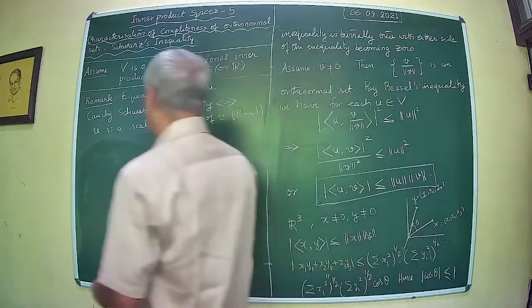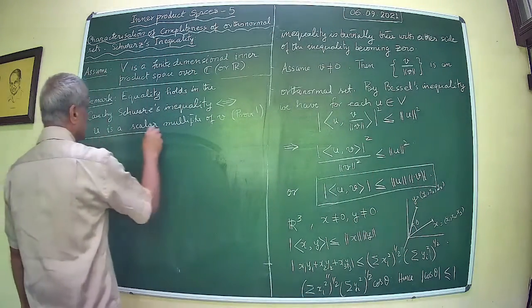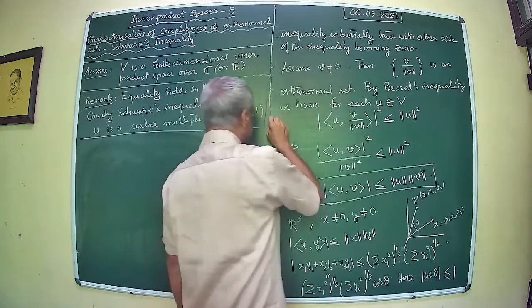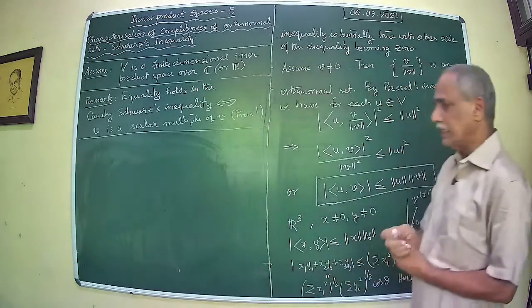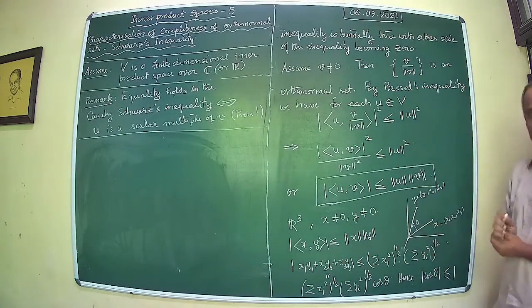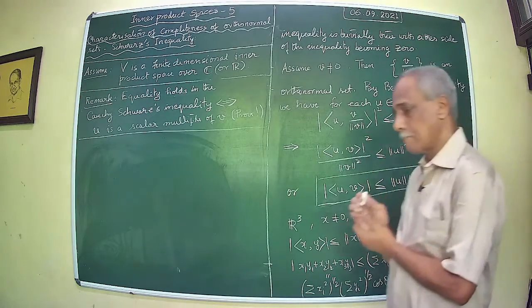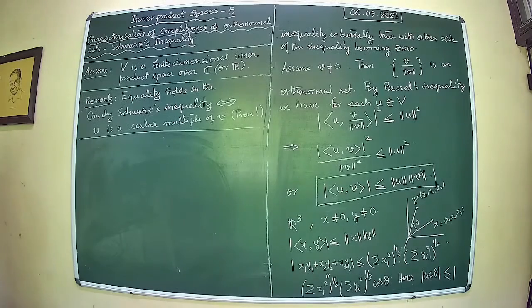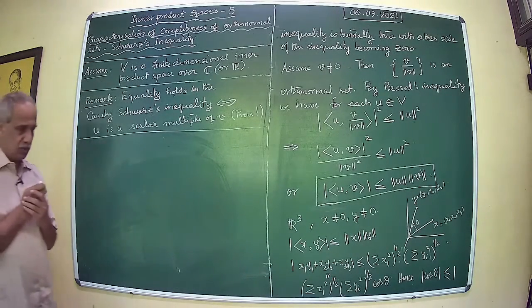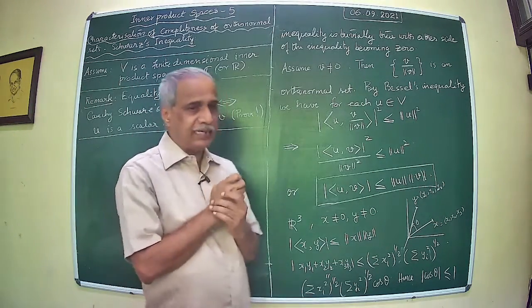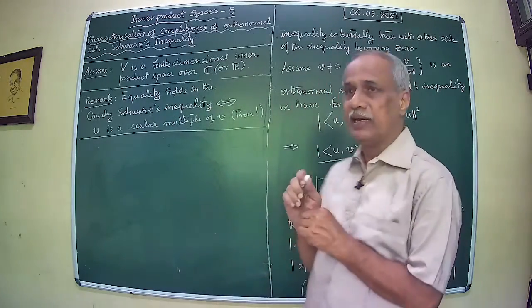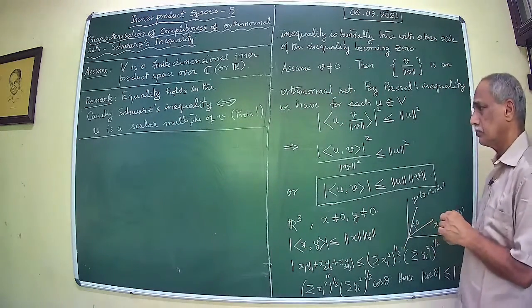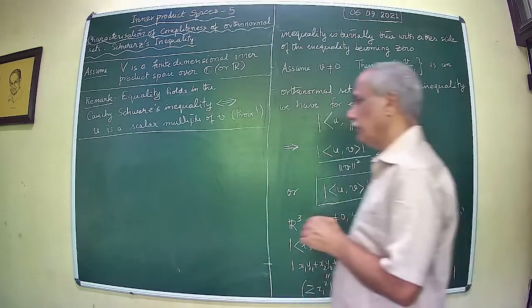Now, what are the important consequences of this? This is a tool to prove that what we have defined as norm has the properties of a length function. So we prove the following.